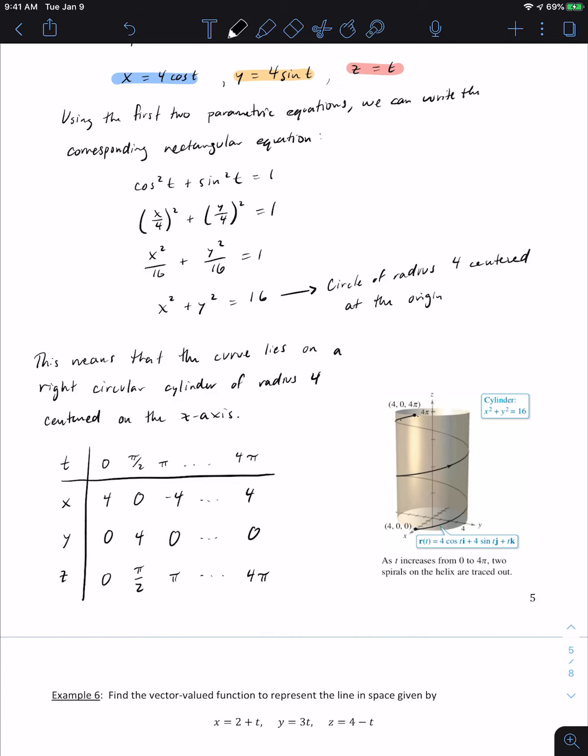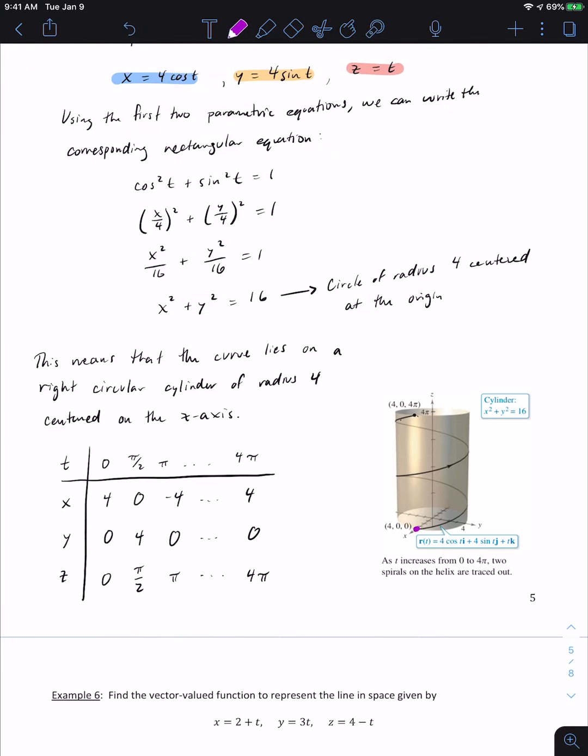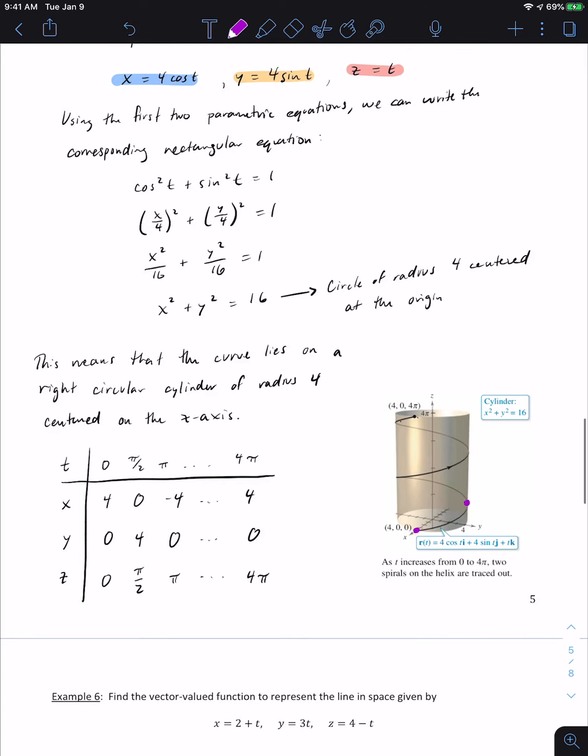So if you look at this, those are the points that I'm drawing. This right here would be 4, 0, 0, and then I would have another point up here. This point right here would be the point corresponding to pi over 2. And then I would have a point back here, a point up here, and so on.